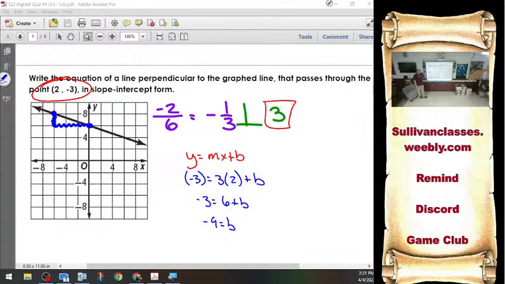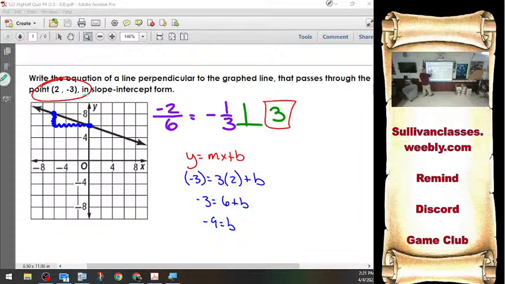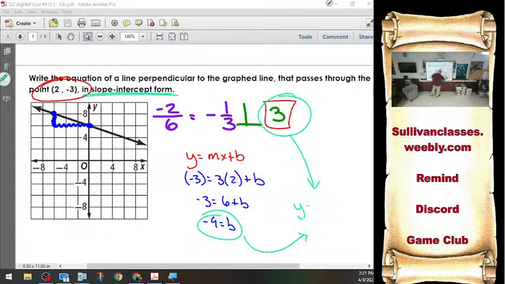Get one off. Put the pieces together if you're going to use this method. Do I have an equation in slope-intercept form yet? I got the pieces for it. I don't have the equation itself. I've got b. I've got m. I plug them together. And y is 3x minus 9.